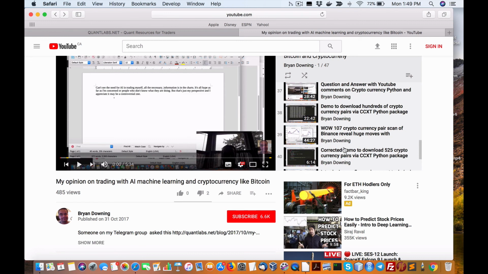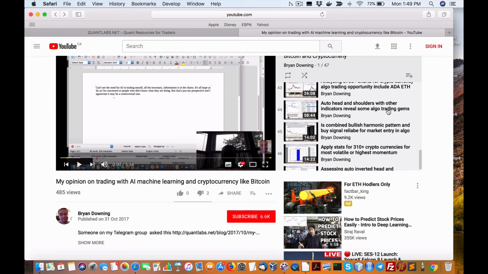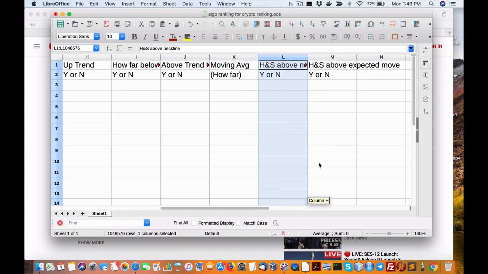It's almost an hour. This one here shows you a lot of interesting things. But again, you got to watch a lot of them. And then here's the other one I'm referring to: the auto head and shoulders with other indicators reveal some algo trading gems. So you'll get an understanding of that in that video on the blue and green dots.